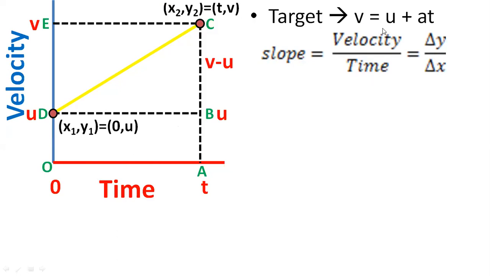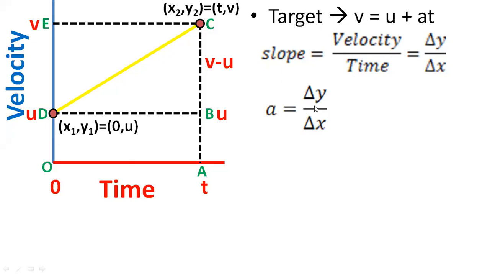But you already know the physical quantity we get from velocity by time, that is acceleration. So velocity by time is nothing but acceleration, and the remaining part is delta y by delta x.